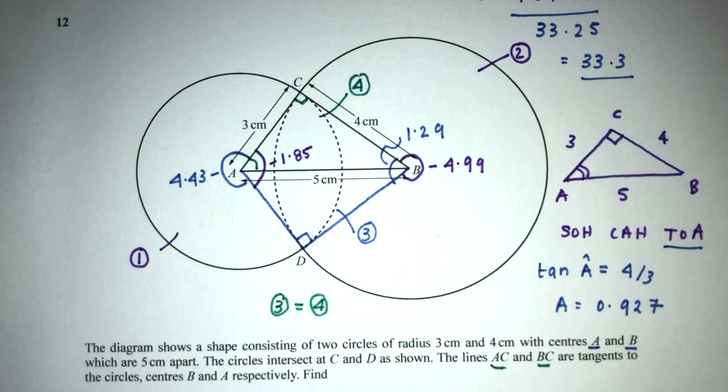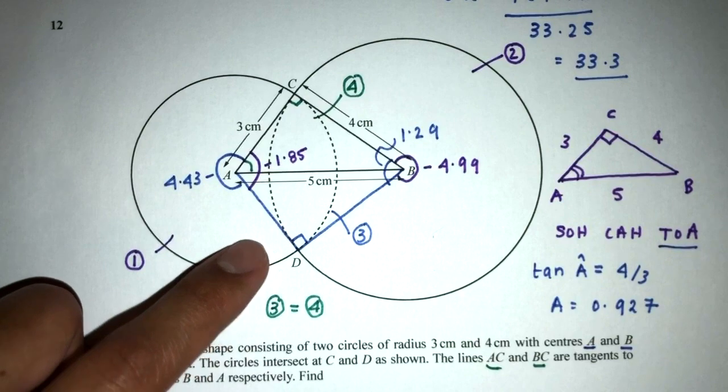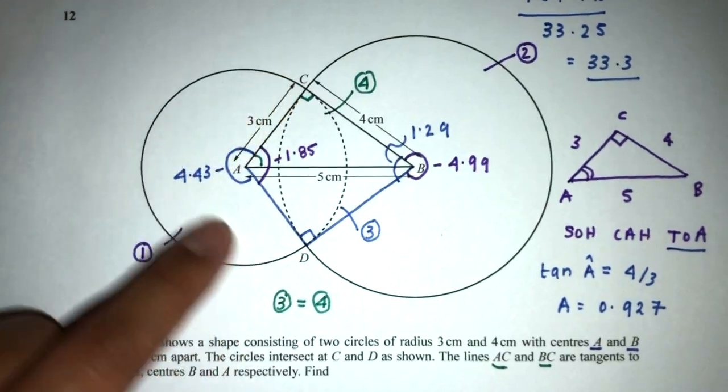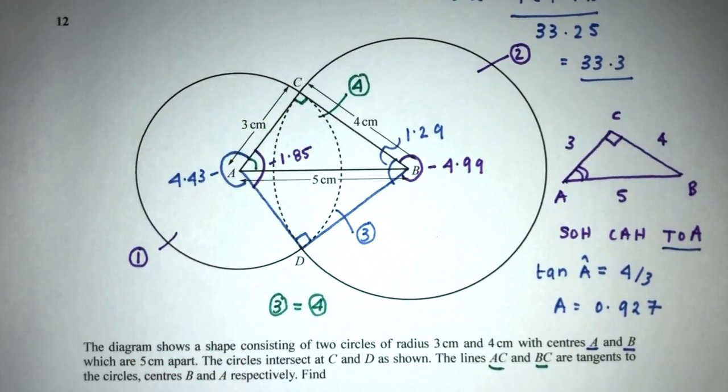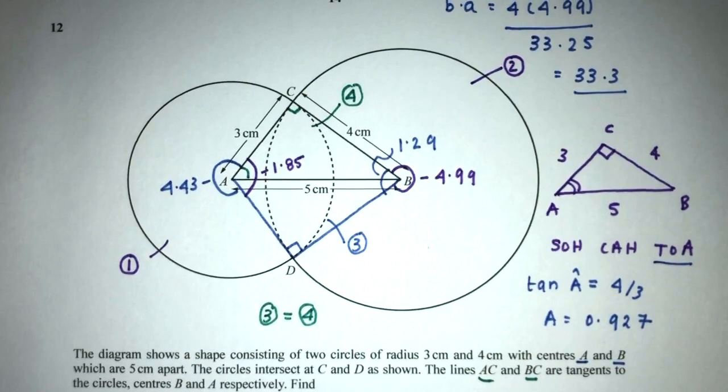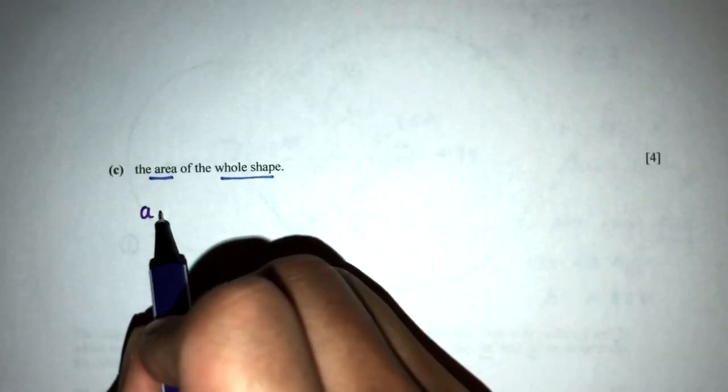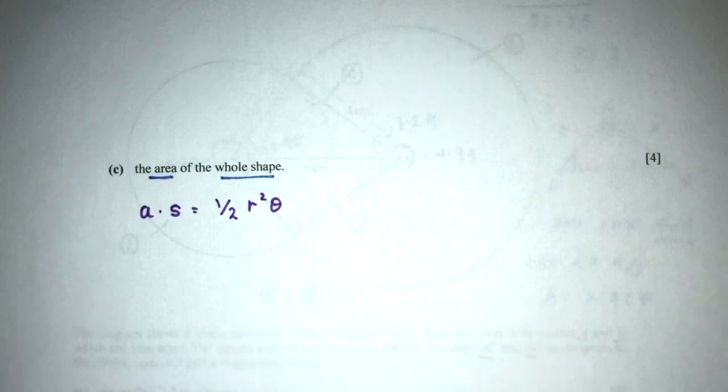So let me find the area of number 1. As you can see, it is the area of a sector of a circle with radius of 3, and the angle is 4.43. Now how do you find the area of a sector? It is half r square theta. This is the formula we have to know for area of a sector.